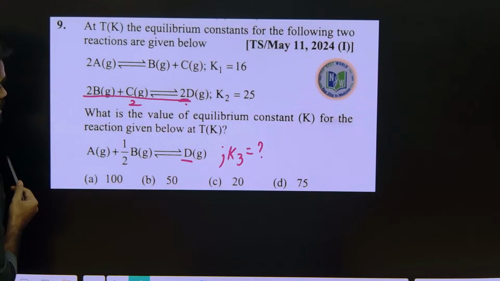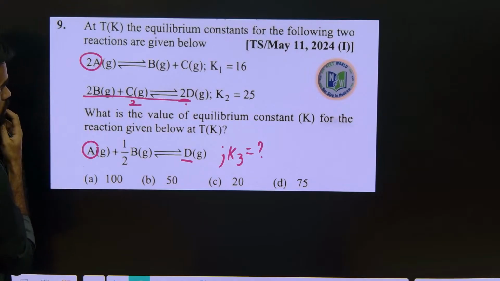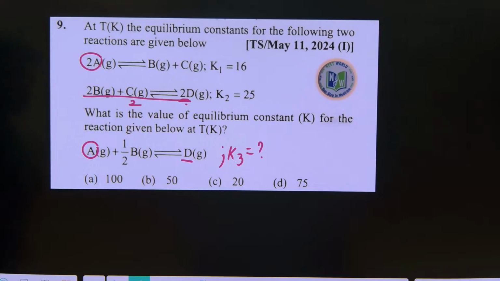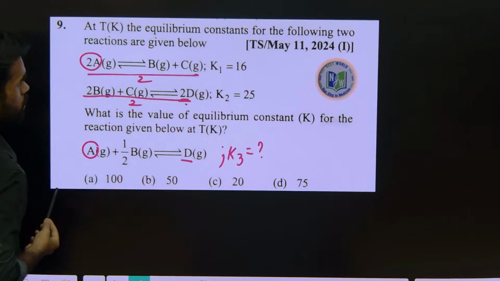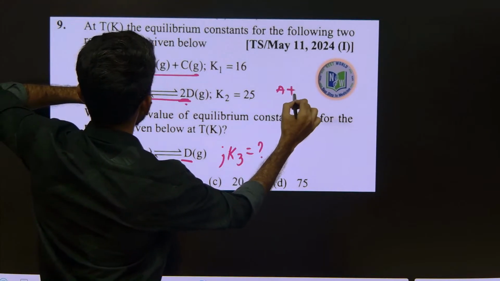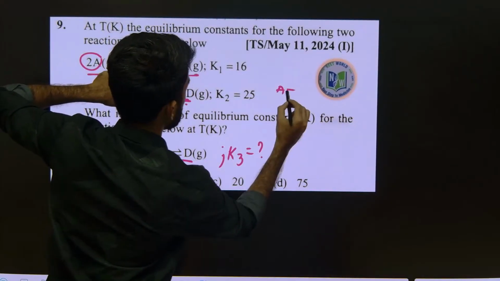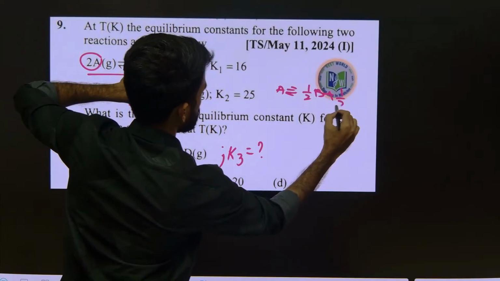And next, here you have 2A, but here only 1A is there. So what to do now? Divide this equation again by 2. So what will we get here? It will be A gives rise to 1 by 2 B plus 1 by 2 C.